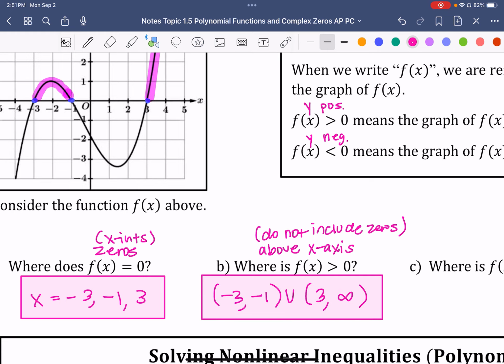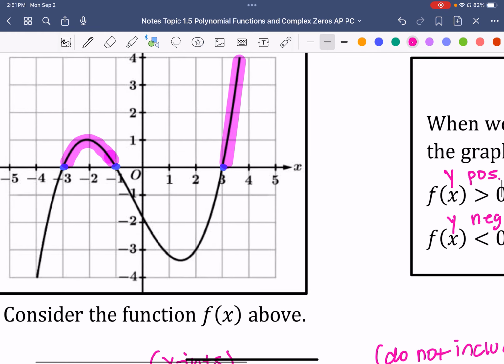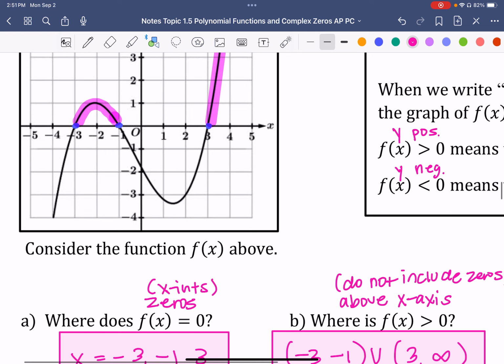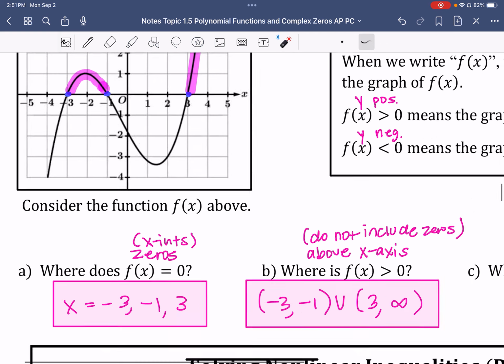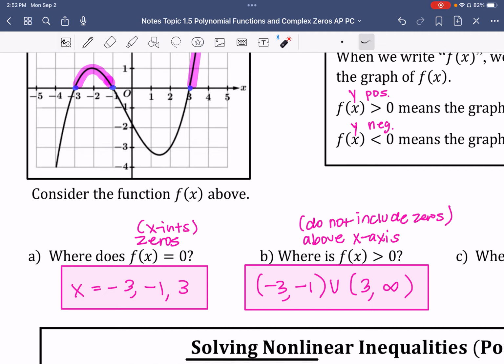Okay, now you might be asking, well, you just said to not include the zeros. Why did you use the zeros? Well, the reason why is that these parentheses let the reader know you're starting right after that -3, but it's not included. If it had been closed brackets, that lets the reader know, okay, you're starting at the zero, which is -3. We can't say, oh, we're going to start at -2, because if you start here, you're missing this whole piece.